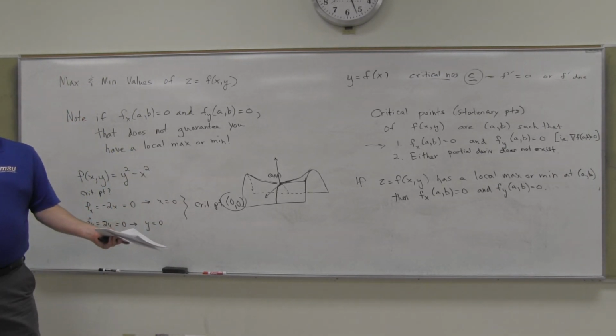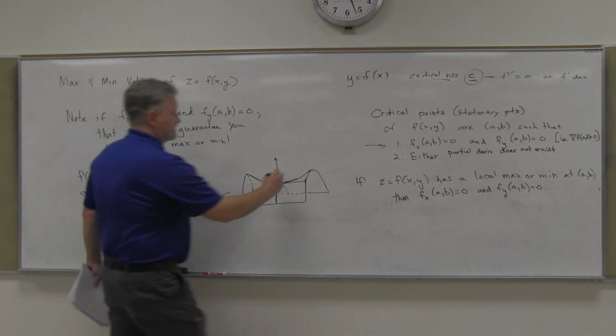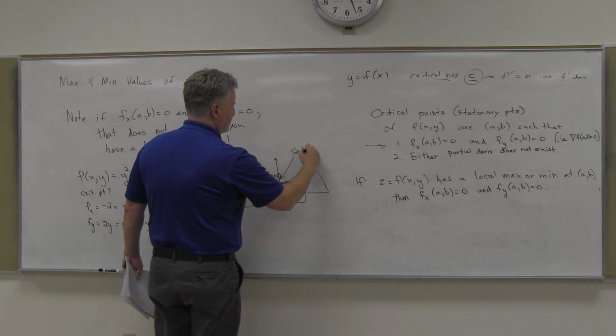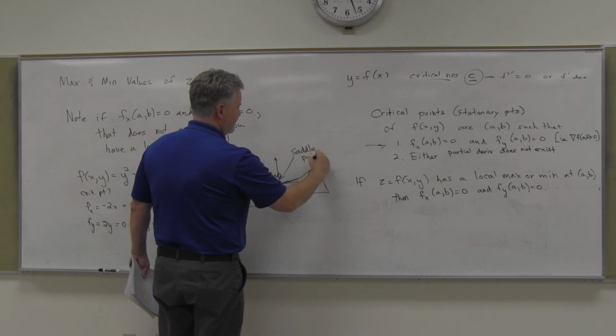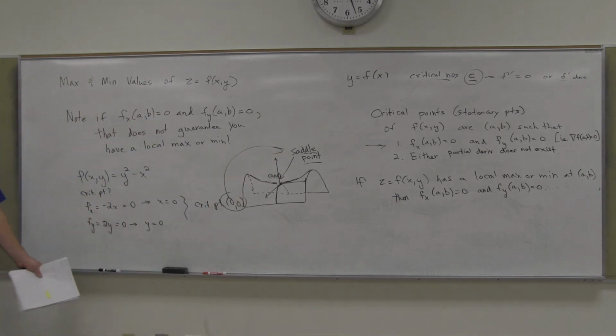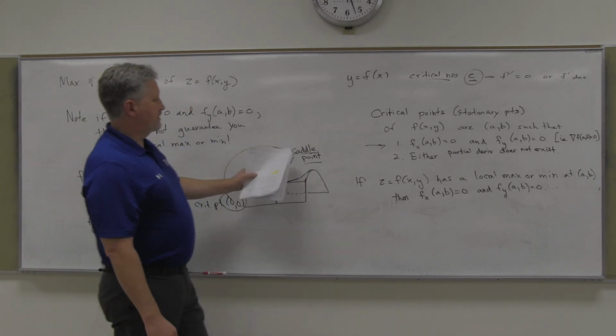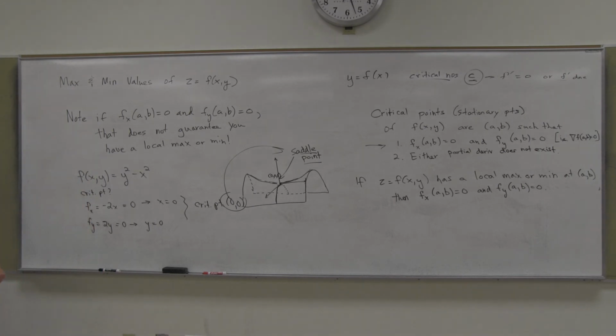Well, it's neither one. You can't be both at the same time. What that's known as is a saddle point, which is another reason to show you this. So at this critical point you have a saddle point. So that can also happen. You can have these local maxes and mins, but you can also have saddle points, okay? And we'll talk about how you can tell that happens from the derivative in a second.